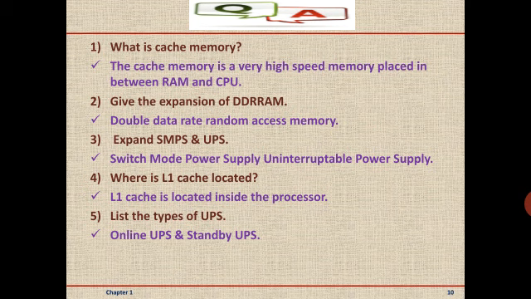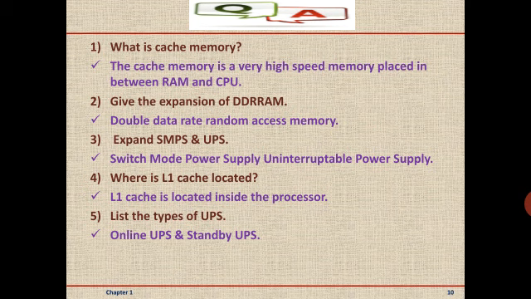So, let us have a few important questions on today's topic. First question is, what is cache memory? Cache memory is a high-speed memory placed in between RAM and CPU. Second question is, give the expansion of DDR-RAM.